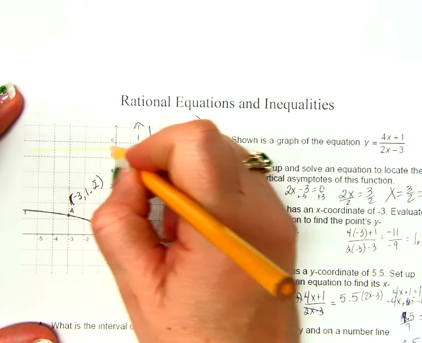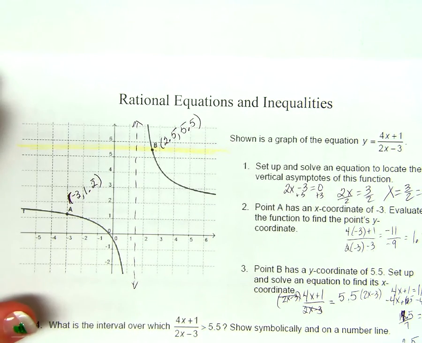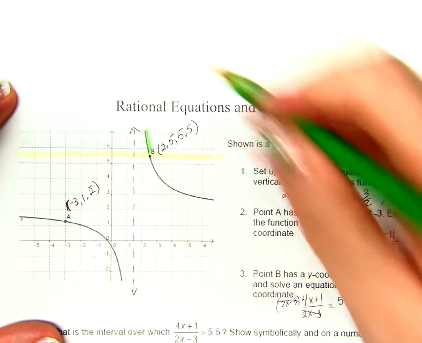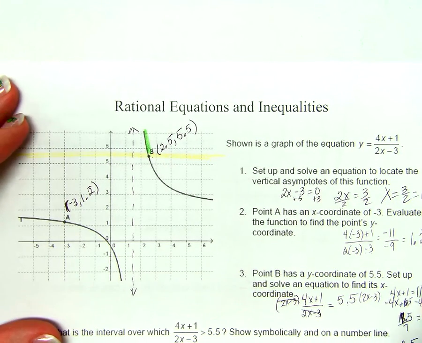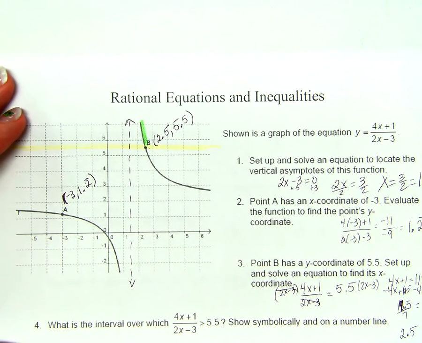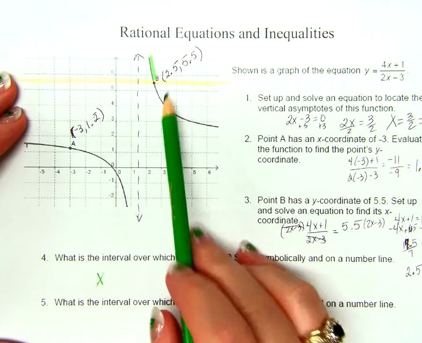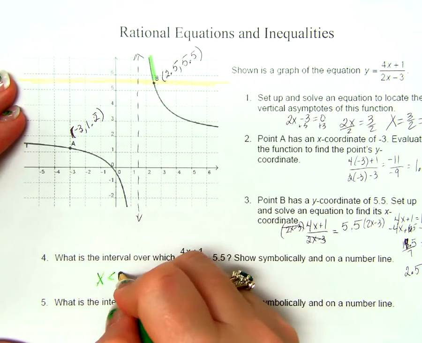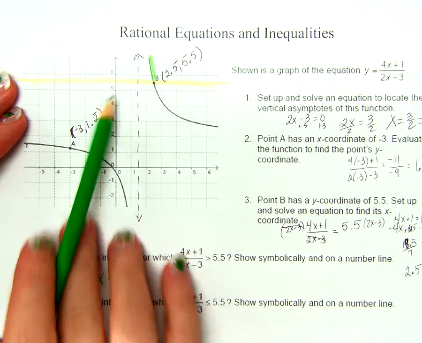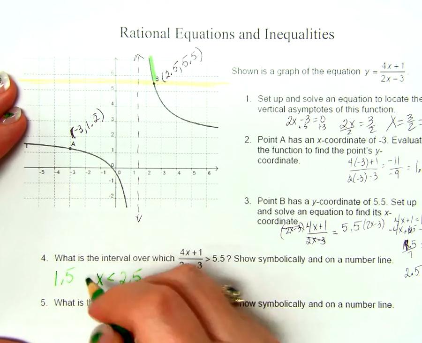Above B, right? So where's the function greater than 5.5? Just right there, on the green part. So what are the x values of that green part? It's less than 2.5, because it's that way from 2.5. But what is it that way from? The asymptote, right? 1.5.